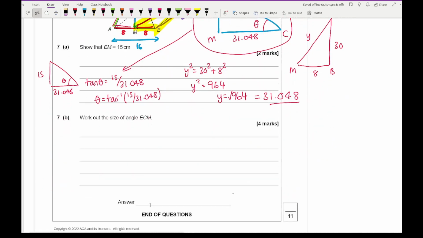I get a theta value of 25.8 degrees, and that's to 1 decimal place. And that concludes this 3D Pythagoras and Trig topic test.